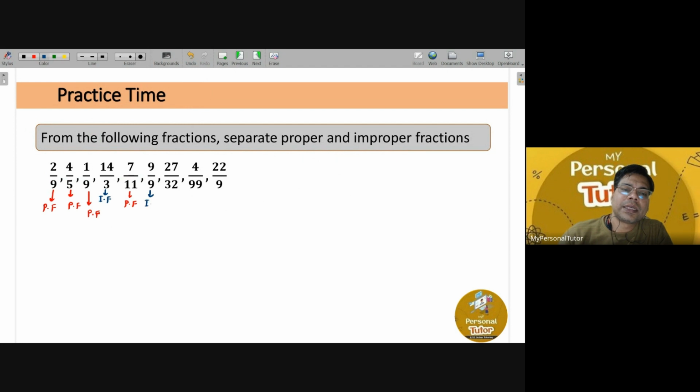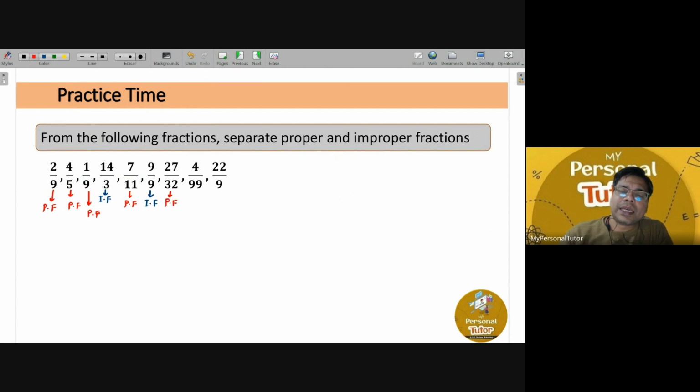What is it called? Improper fraction. Coming to the next one, that is 27/32. So in this case, what happens? In this case, if you observe carefully, numerator 27 is less than denominator, right? So we know that in any fraction, if numerator is less than denominator, that is called a proper fraction, right?